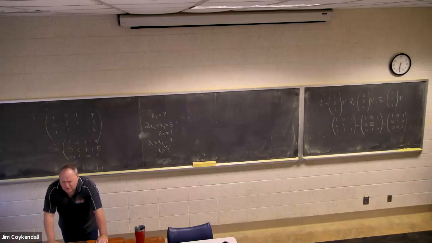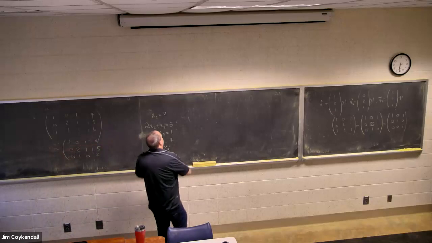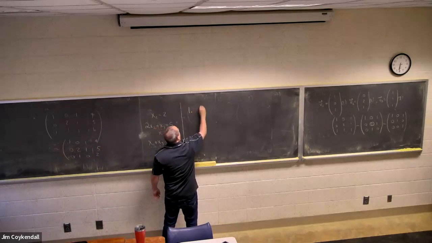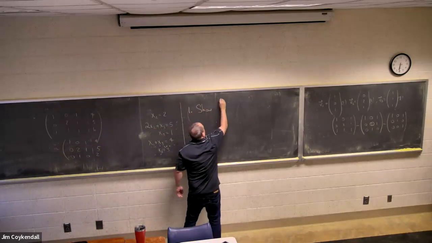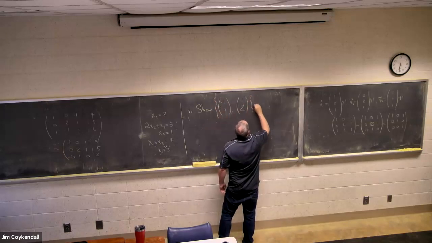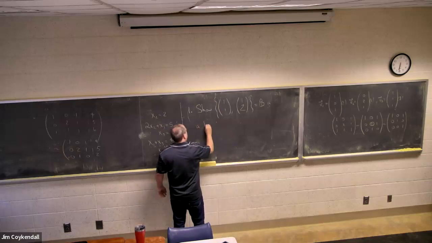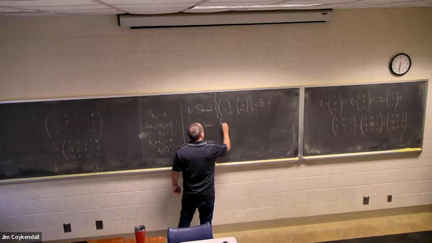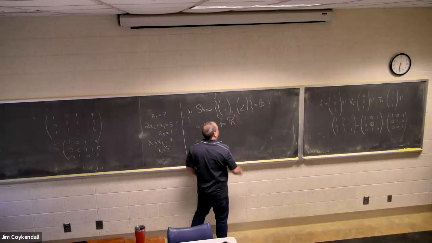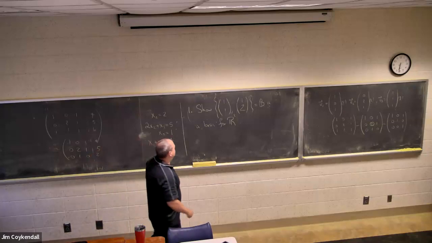For this problem, we produce a different coordinate system for R squared. Show that, okay, so I give you these two things. First question: show that (1,1) and (1,2) is a basis.